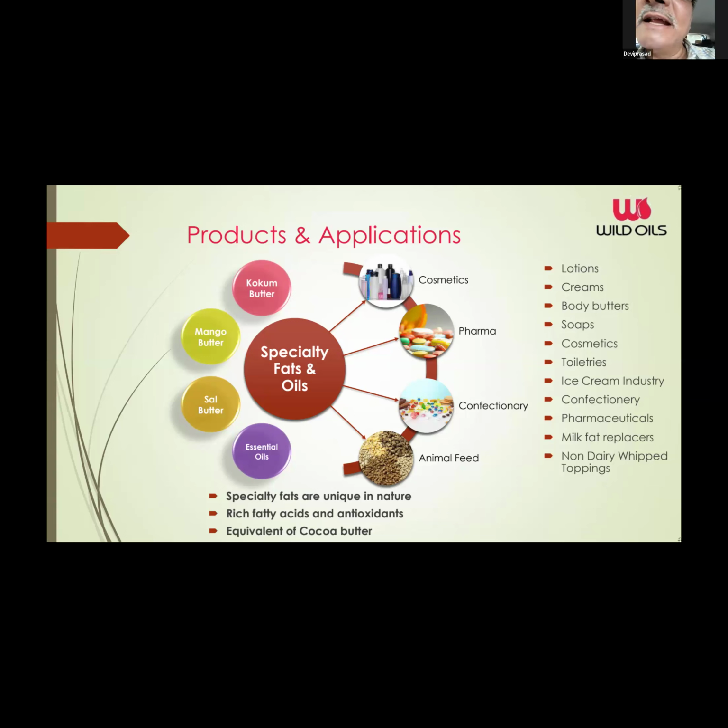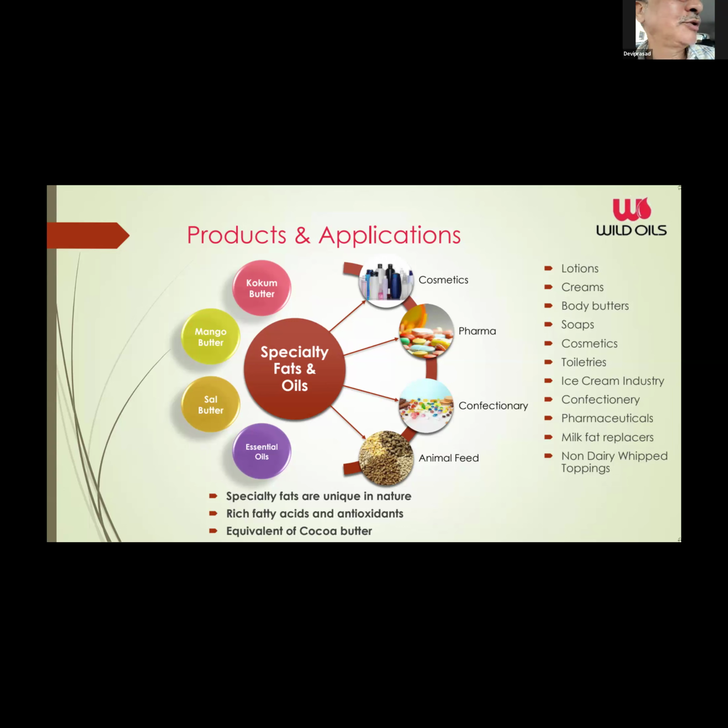The kokum fats are very useful for healing of skin, like cracks and all those things, so they go into foot creams and skin condition creams. Then there is mahua, the other seed.